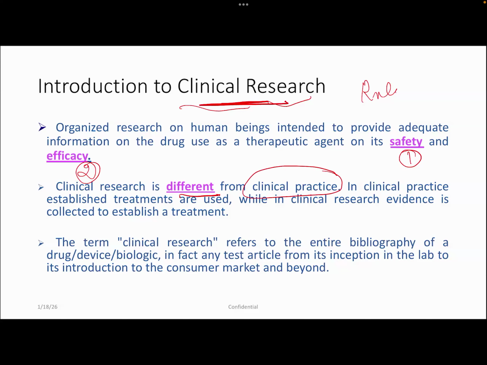So the two things are very different. It is a discovery process, while in practice, whatever you discovered, you prescribe. Clinical research refers to anything, your drugs, vaccines, you name it, all coming under the umbrella term clinical research.